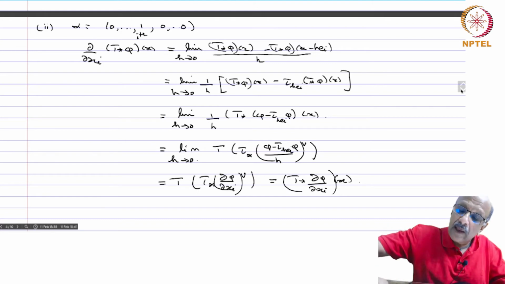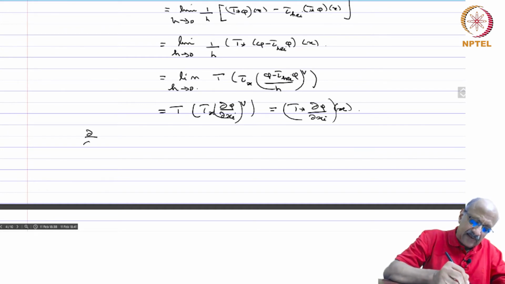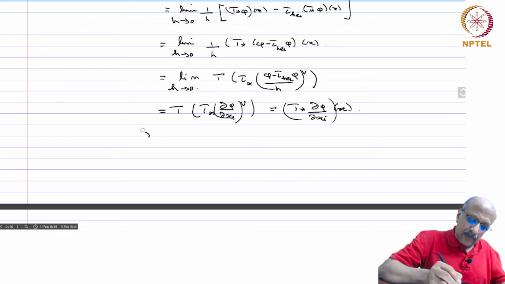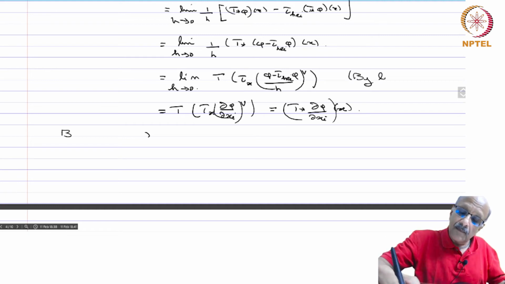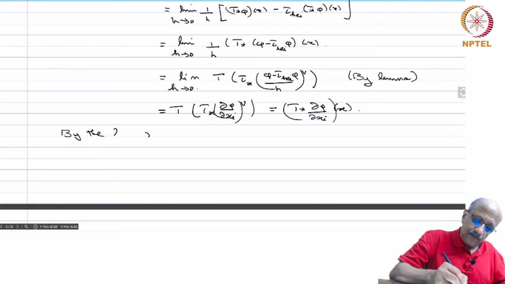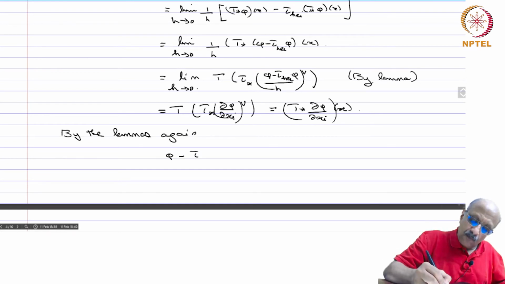Now, we can take the tau in another way also. So, we can also have the d by dxi of T star phi at x. Okay, before I do that, by the same lemma, we also have phi minus tau of minus h ei phi by h.